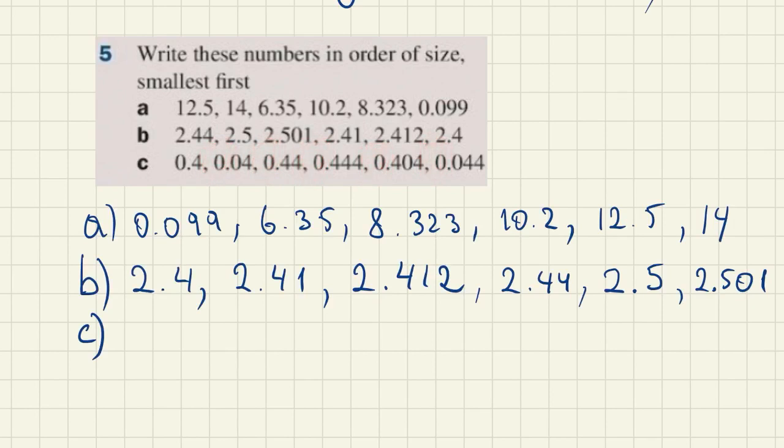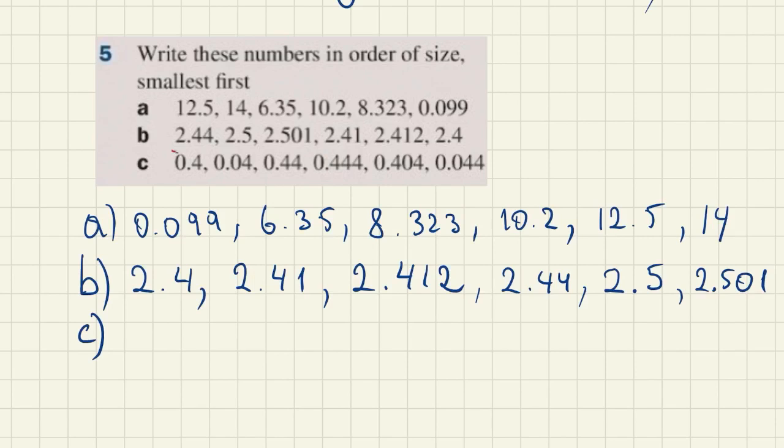And so next we have to look at the tenths. So if we look at the tenths, we have 0.4, so 4, and the rest of them, and this one has 4 also, so they are on the bigger side, definitely.